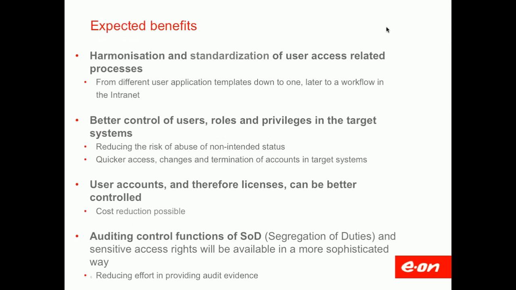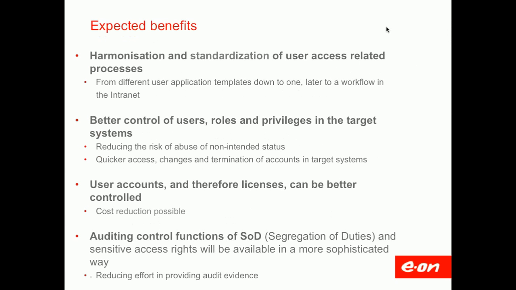The second, of course, one of the key aspects, is the ability to control users: who is an active user, an inactive user, who is actually, from an employee point of view, part of the company. But on top of that, also the roles and privileges in target applications. This was important, especially because of this lift and shift approach that I mentioned before.